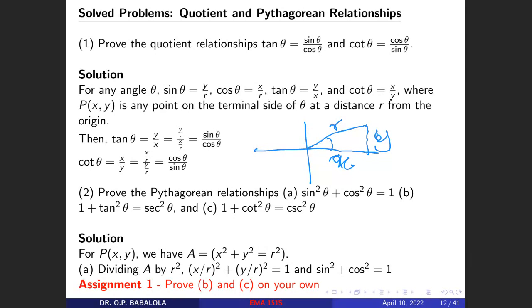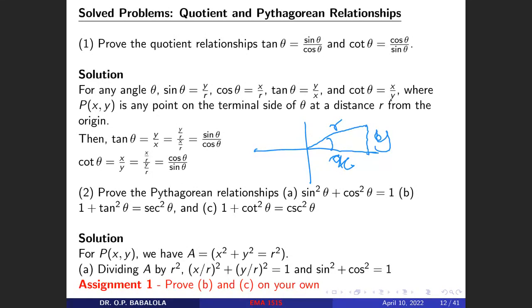Okay, just to refresh your memory, you have sine theta is y over r, cos theta is x over r, and tan theta is y over x. Okay, cot is the inverse, which is x over y, and that is where P is (x, y). All right, and it's from origin 0, and r is the distance.